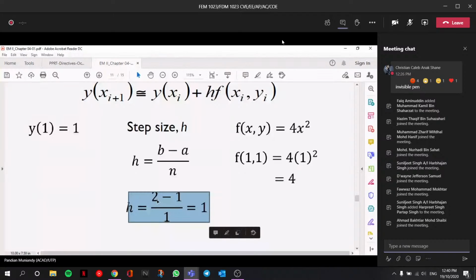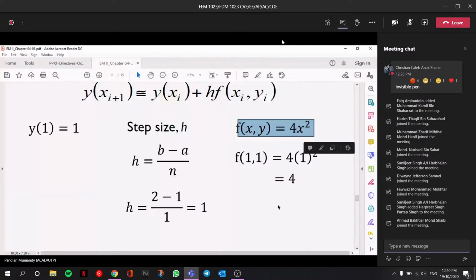Given already. b is given, a is given, n is given. So 2 minus 1, 1. 1 divided by 1, 1. So your h is 1. That's why you have to calculate your h. Now this f(x,y) also you have to calculate. Every time you must calculate this f(x,y).